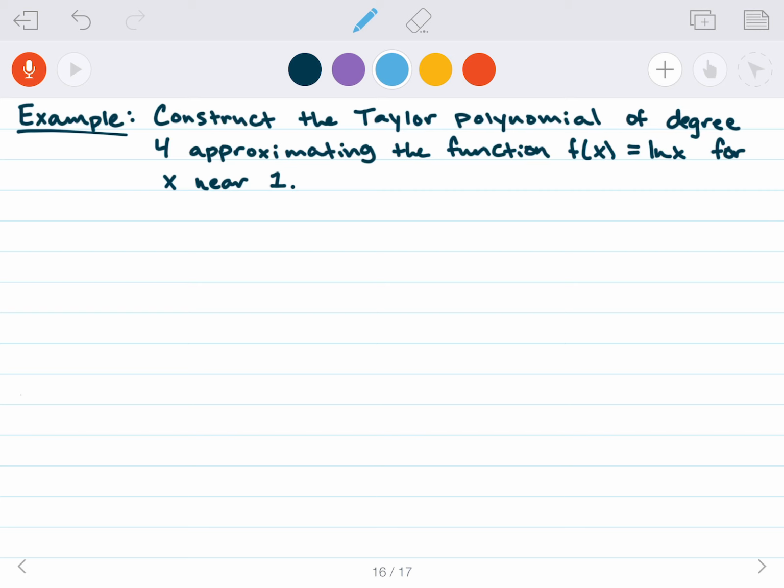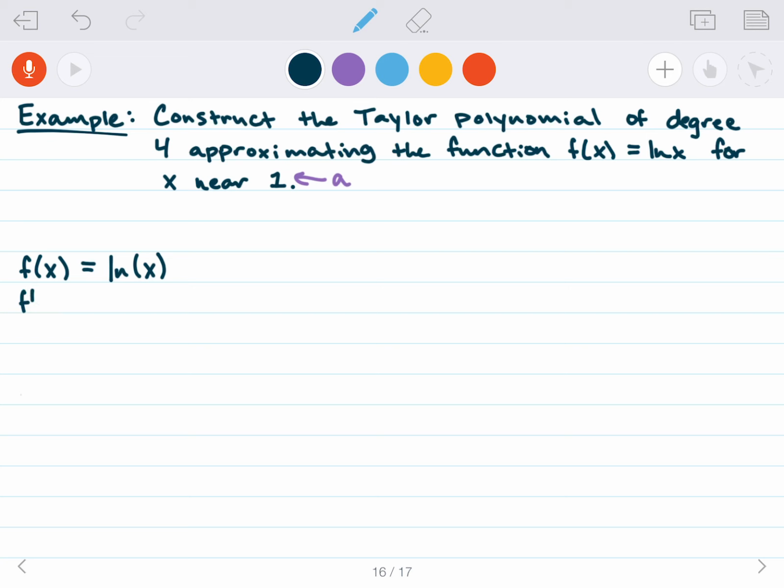So in this example, it says construct the Taylor polynomial of degree 4, approximating the function f of x equals ln of x for x near 1. So in this case, a is equal to 1. All right, so let's do the same thing that we've been doing. The function that we're approximating is f of x equals ln of x.